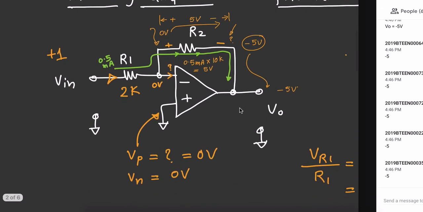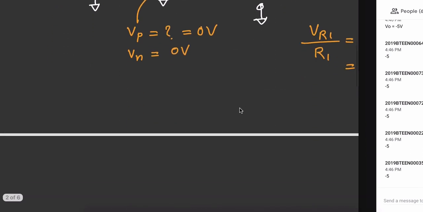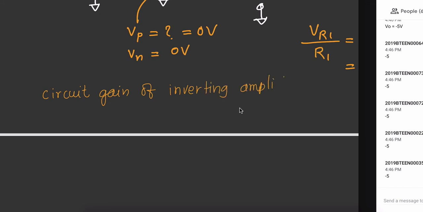Okay. Now we yesterday calculated the gain of the circuit. Circuit gain of inverting amplifier, what is the formula? Minus R2 by R1.